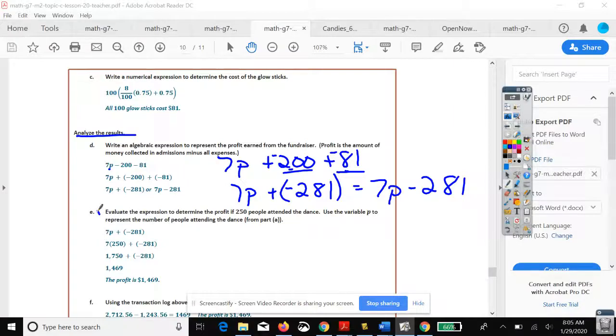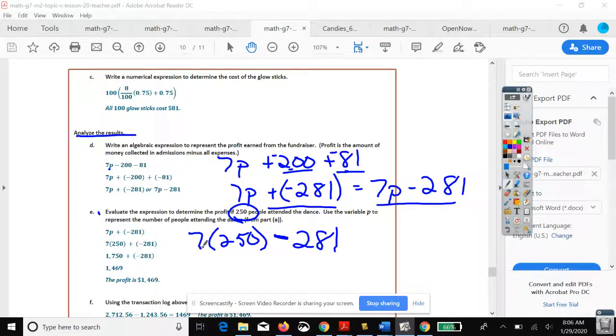Here we evaluate the expression to determine the profit if 250 people attended the dance. Use the variable P to represent the number of people attending the dance from part A. So we're taking one of these and we're substituting 250 for people. So that would be 7 times 250 minus 281.